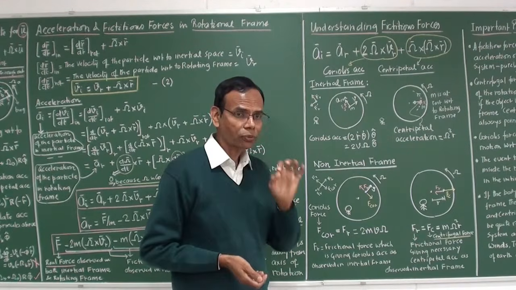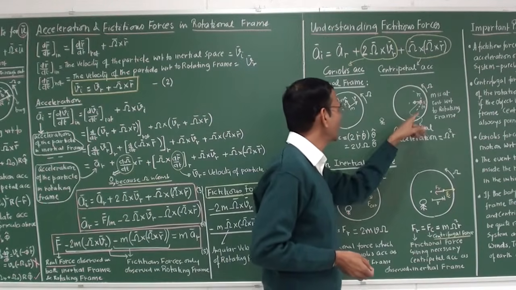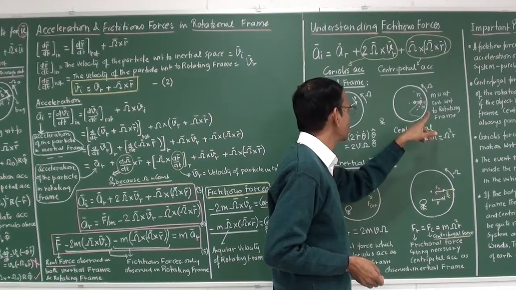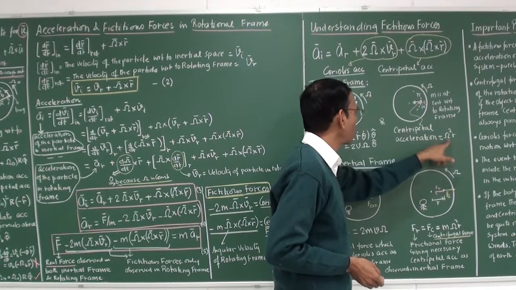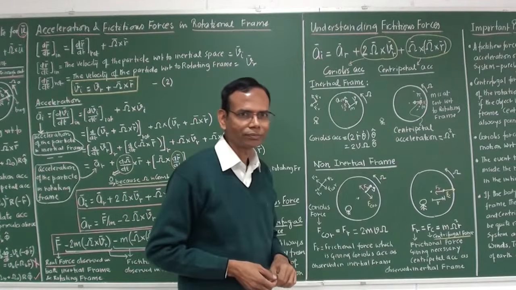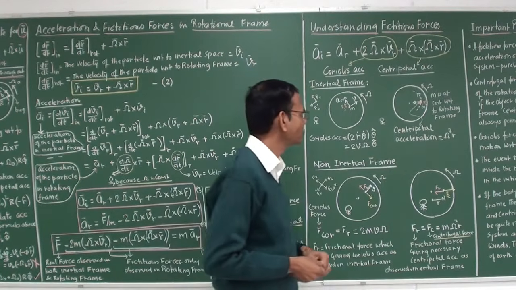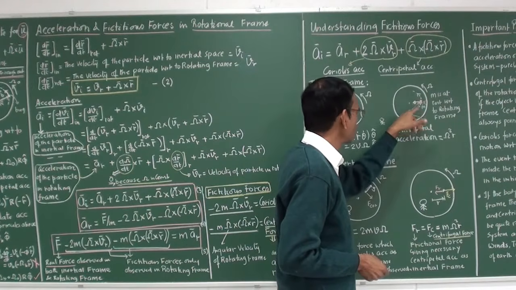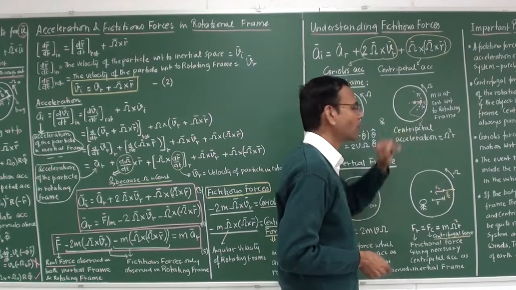But there is a real force, and obviously there is an acceleration, and the acceleration is the centripetal acceleration, that is your omega square r. This is your centripetal acceleration. And the force associated with that is F_r.